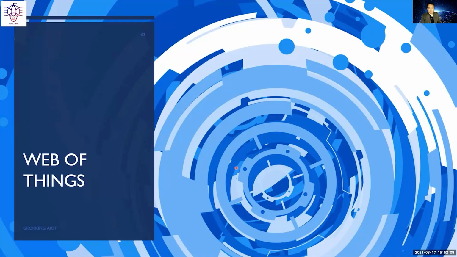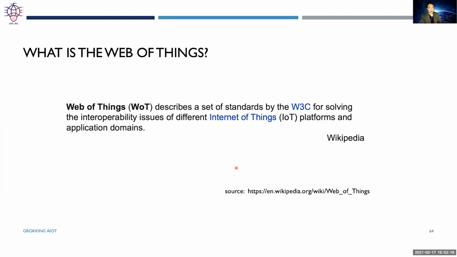Reusing the experience that we have with the web stack and using that HTTP stack for connecting an Internet of Things via the web protocols. By definition, the Web of Things is defined by the W3C consortium, or the World Wide Web Consortium, for solving interoperability issues. As you mentioned earlier, there's a whole multitude of different protocols for the Internet of Things, and it's very burdensome for organizations to support so many different implementations.